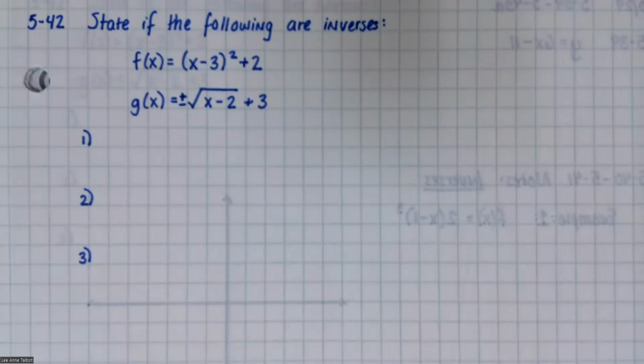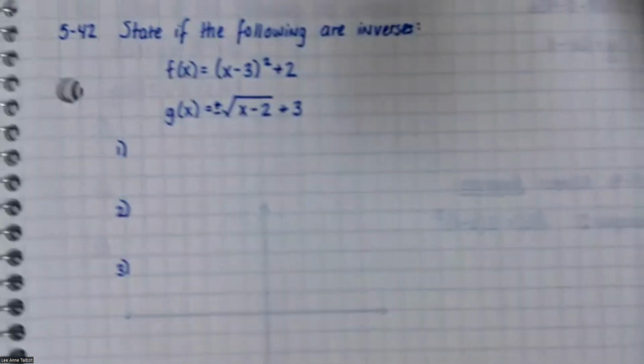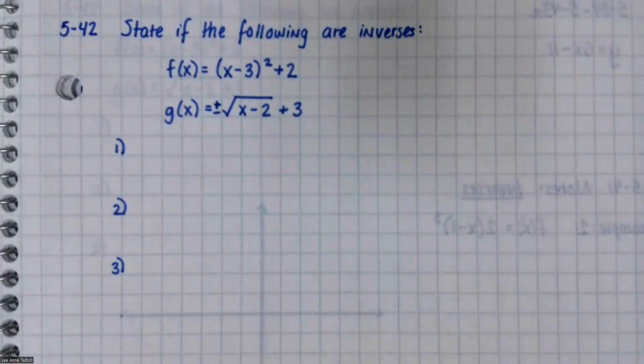There are going to be problems in your worksheets that are going to say, state if the two are inverses. So they give you two different functions and they want you to figure out whether or not they are inverses of each other. There's three different methods to doing this, and it just depends on your personal preference. I want to talk about the three methods and then we're going to do one.